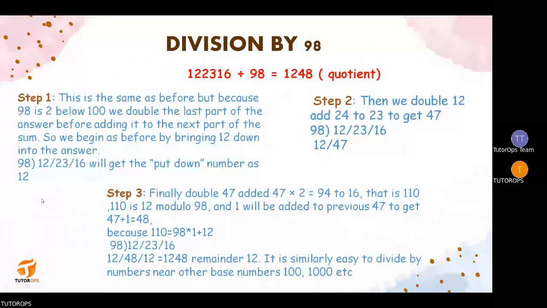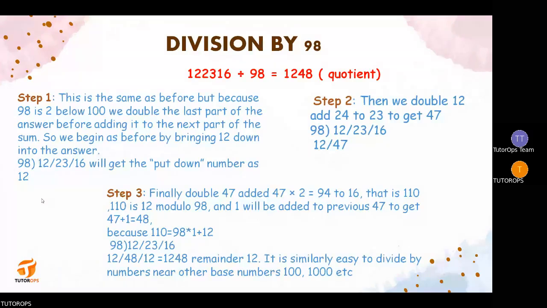Now what can be done next? For the 99 case, we directly added the first part with the second part. But as 98 is 2 below 100, we need to add twice the first part to the second part. So twice the first part is 24.